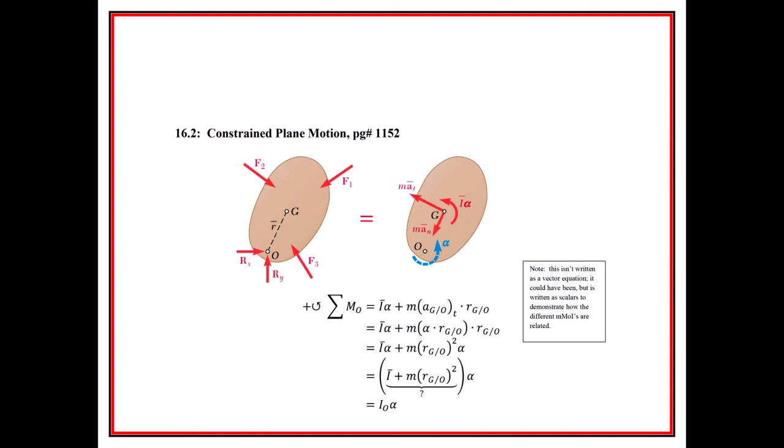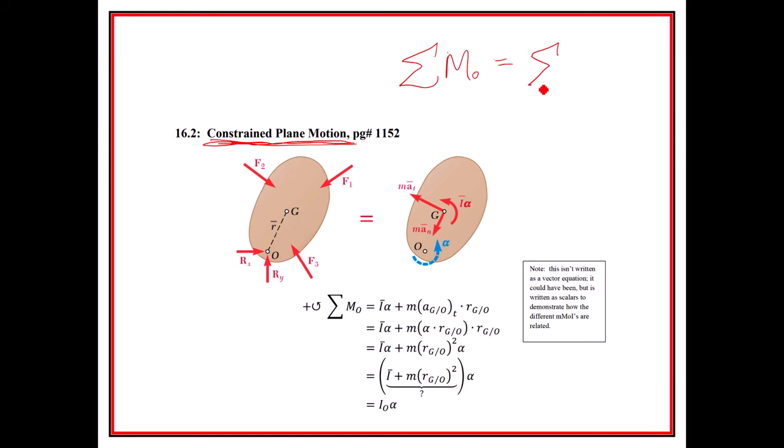And now we take this special case of constrained plane motion. So this is not a generalized form. We know the general formula is going to be this right here.